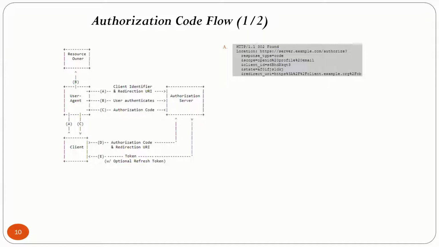The client, in our case, is asking the authorization server to obtain access to a resource identified with the scope name. So, for example, in this case, we are asking for openid, profile, and email.